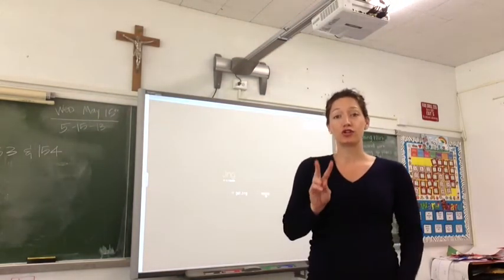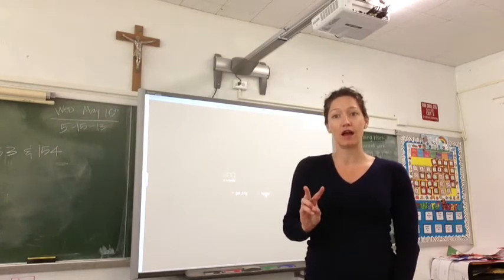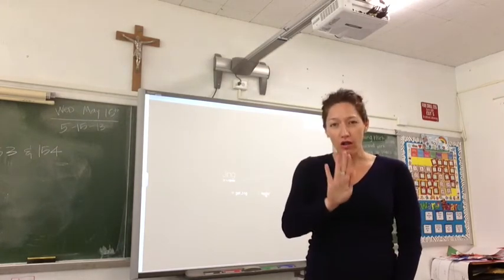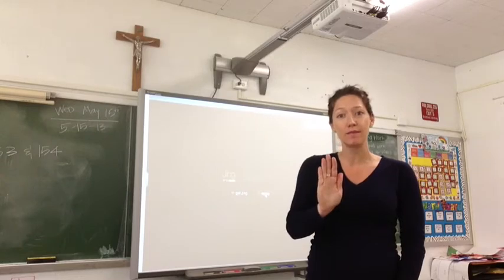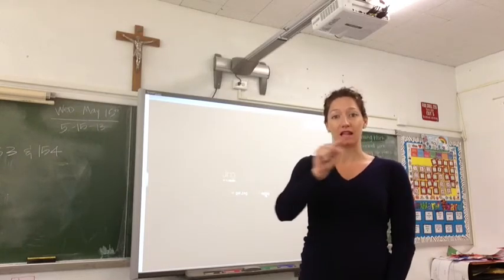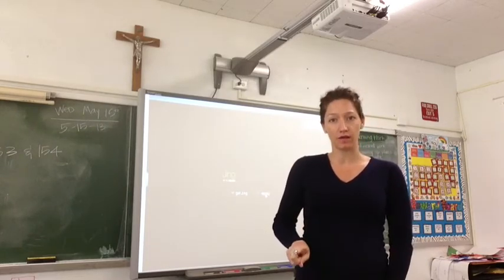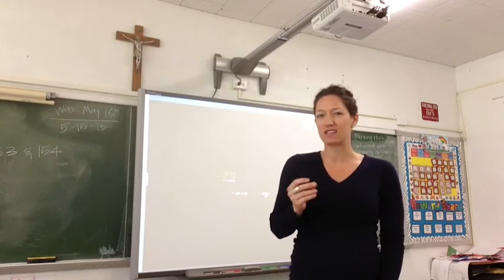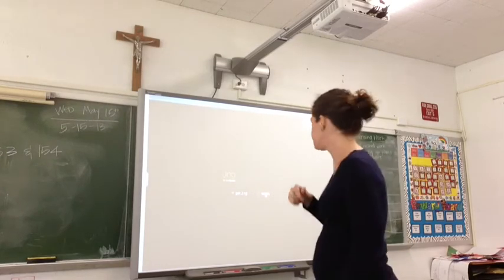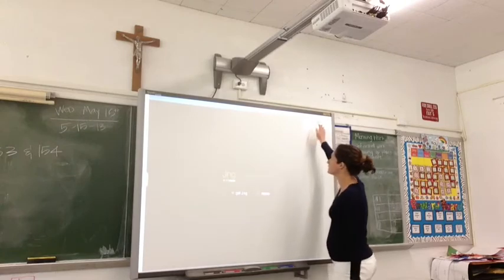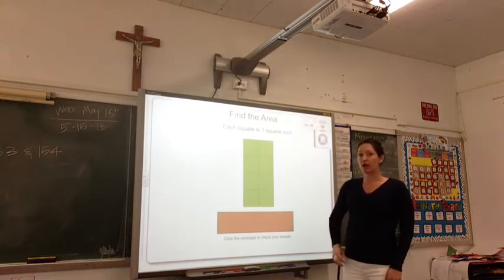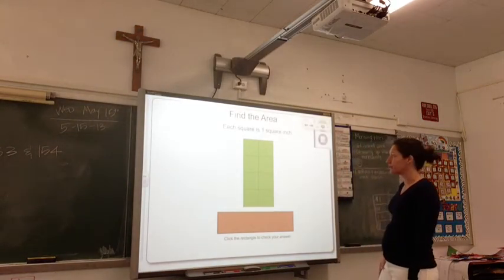So now we know that there are 2 different ways to find area. We can add up all of the squares on the inside of a shape, or we can take the length times the width. That way might be a little bit quicker, especially if you know your multiplication facts. So let's try it both ways. Let's find the area of this shape right here.